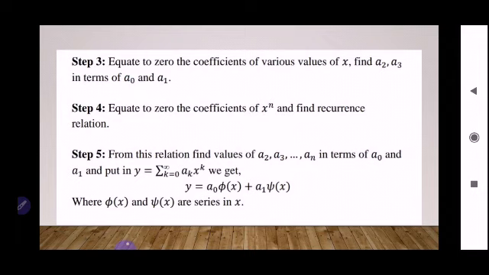From that we have to equate the coefficient of x raised to n with 0, because the right hand side is 0, and that gives a recurrence relation. From that relation find the values of a2, a3, an in terms of a0 and a1 and put all those values in the solution.